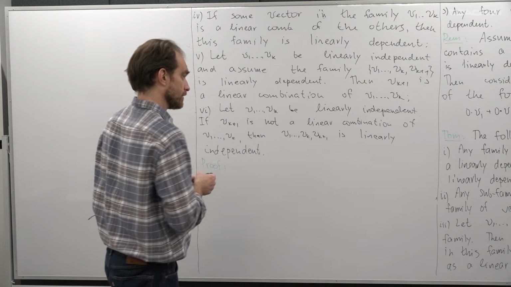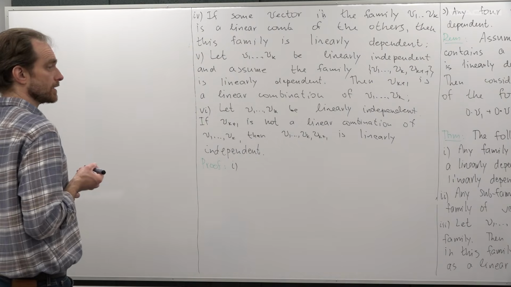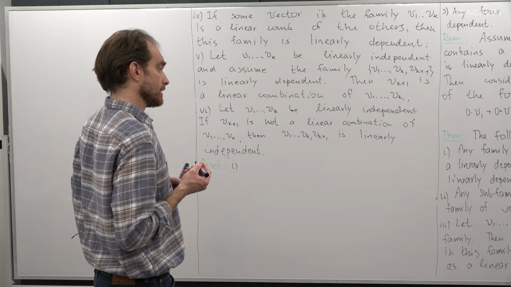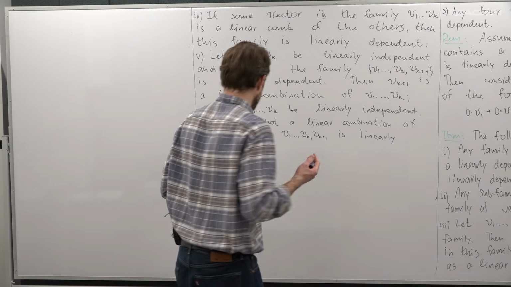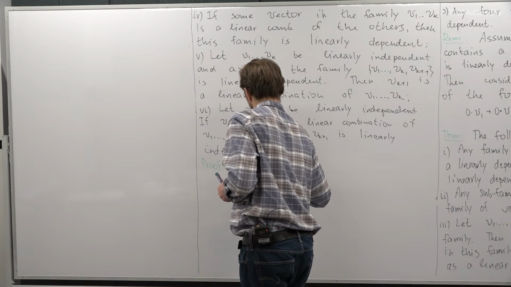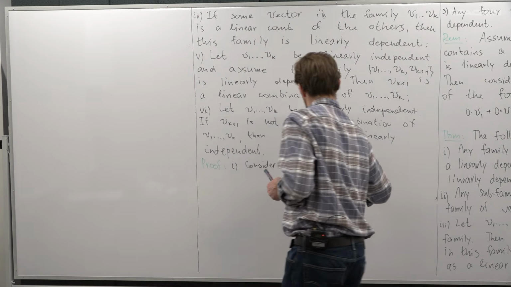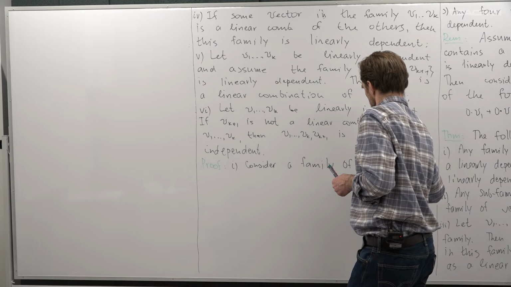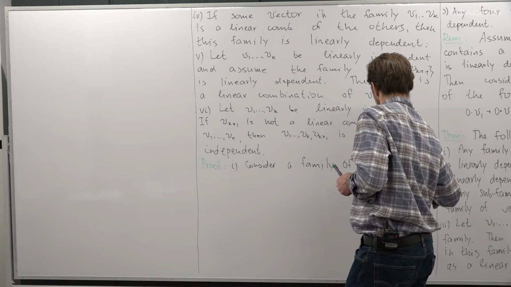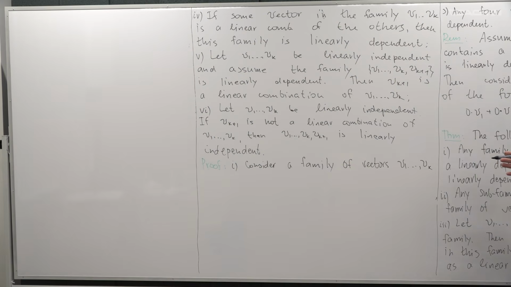So what about the first one? Any family of vectors containing a linearly dependent subfamily is also linearly dependent. So consider a family of vectors v1, etc., vk, and it contains some linearly dependent subfamily.